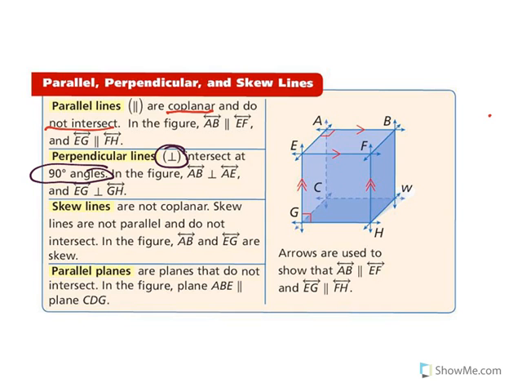Here we have that EG is perpendicular to GH, and we know that because it gave us that little right angle box. Notice we also have a right angle box up here because AB is perpendicular to AE. That's what this says and this says.